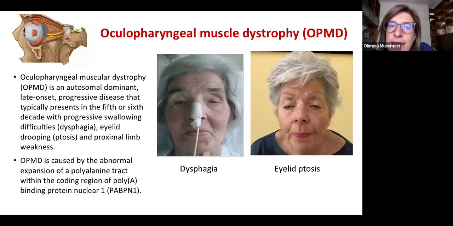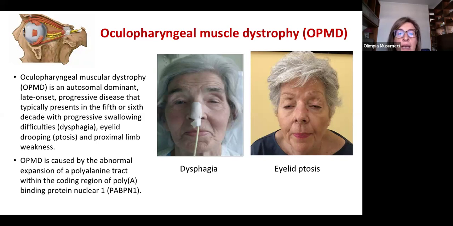A condition that is sometimes important to differentiate from mitochondrial disorders is oculopharyngeal muscular dystrophy. It is usually an autosomal disorder, but the ptosis and the ophthalmoparesis are less pronounced, and the onset is later, usually in the 5th and 6th decade.